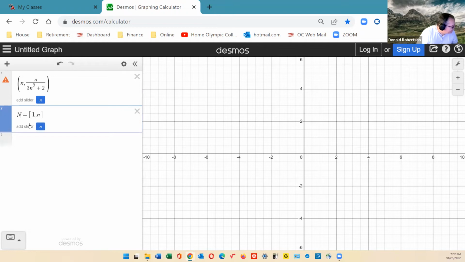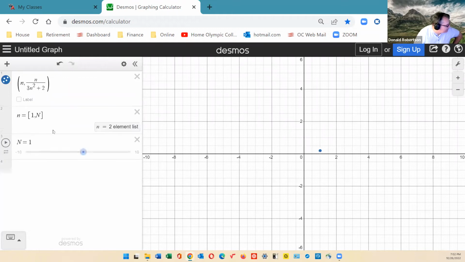I think it's little n, and I put big N here, and a square bracket, and then I can add a slider, and click on it, and say start at 1, finish at 30, and go up in steps of 1.